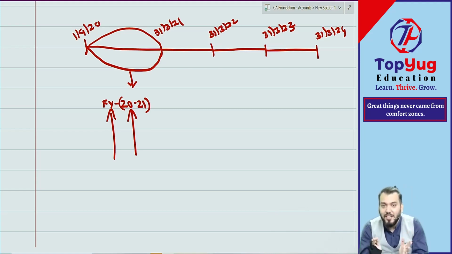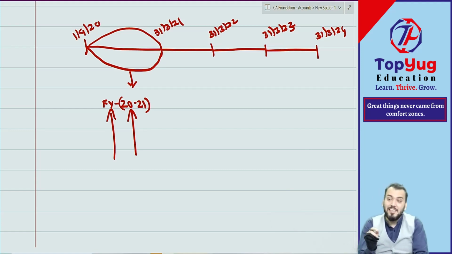Are you able to understand? Once again, have we understood this concept, the periodicity concept? As per this, we need to first define our accounting period, so we need to first find out for which accounting period we are preparing the financial statement. In this example, we are preparing the financial statement for 2021. 2021 means it starts with 1st April 2020 and ends with 31st March 2021.